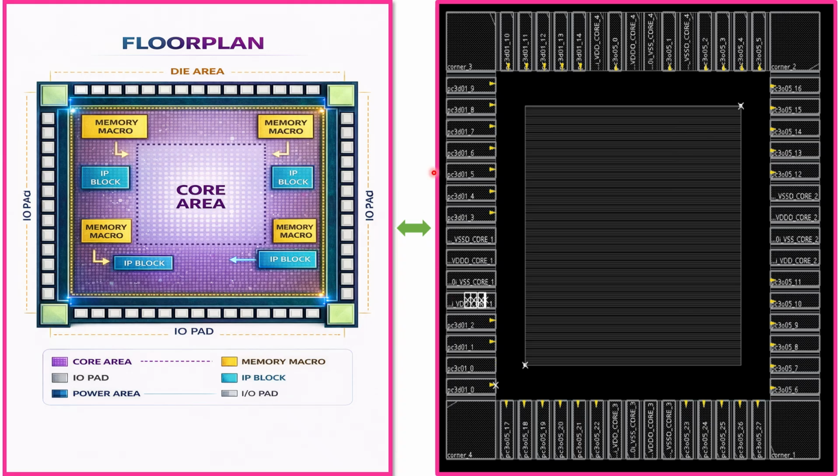Now let us see the diagram. Look at this. This is the overall chip size. This chip size is decided in the floorplanning, and this is the core area. The core area is also decided in the floorplanning.